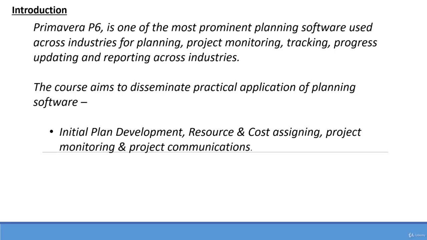The course aims to disseminate practical applications of planning software, such as initial program plan development, resource and cost assigning to the program plan, program project monitoring, and project communications across the stakeholders involved in this development of project. The stakeholders could be clients, contractors, subcontractors, suppliers, and vendors.